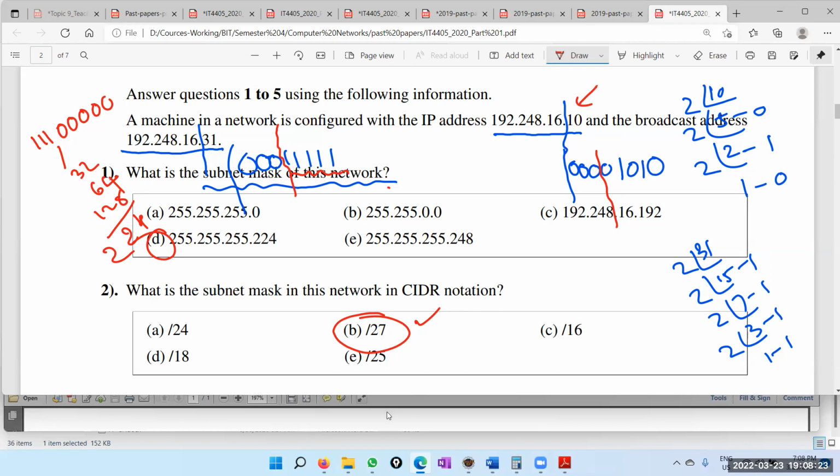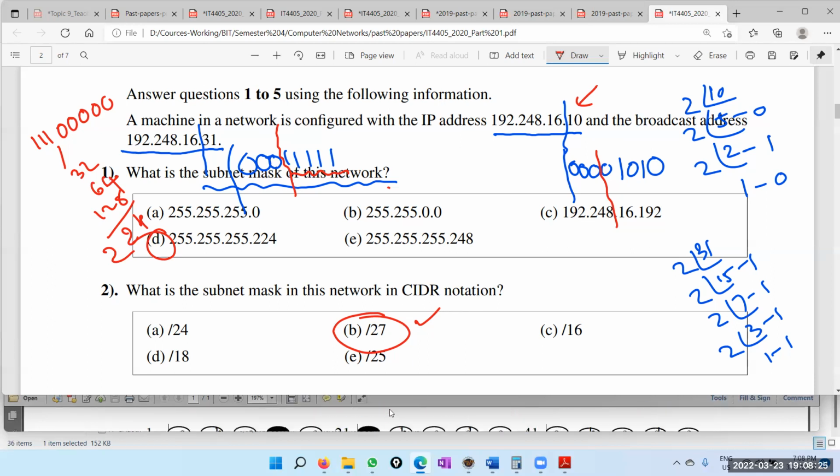Okay, so let's see the answer. D and B. Any questions on that? Because you have only 1 week for the exams, so don't go with doubts. Of course, in this subject you may have some doubts because networking has whole degrees dedicated to it.